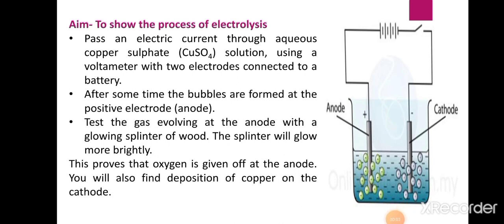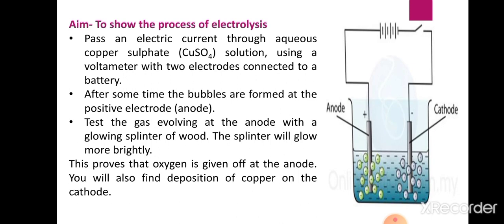Now students, there is an activity where we show the process of electrolysis. Here aqueous copper sulfate solution, that is CuSO4 solution, is taken as an electrolyte. This is also an electrolyte because when electric current passes through it, it is decomposed into positive ions and negative ions.